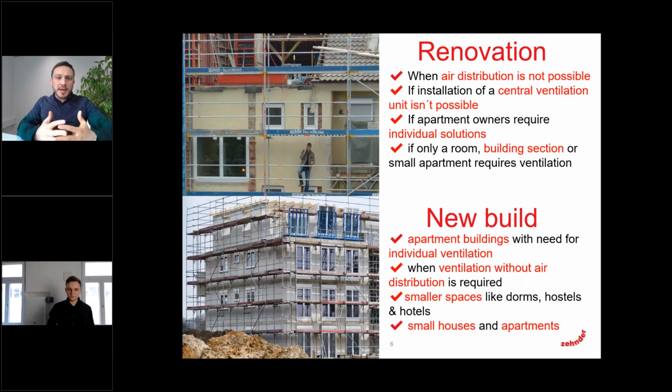There's no space, or if you put it under the ceiling, then you reduce the space between floor and ceiling significantly, so not enough space would be left for the inhabitants. Or if installation of a central ventilation unit is not possible, or if apartment owners require individual solutions so that they want to own their ventilation system, or if only a room, a building section, or a small apartment requires ventilation.